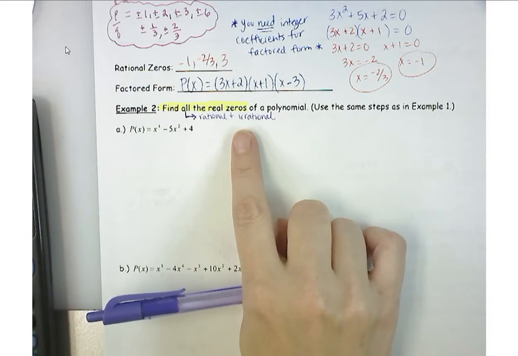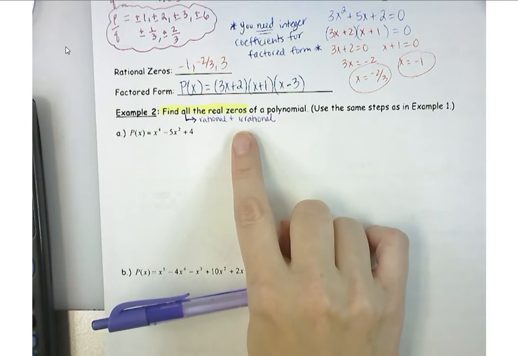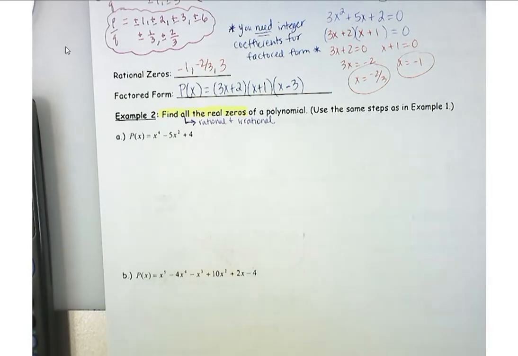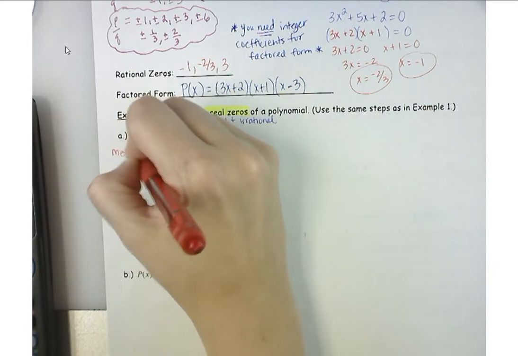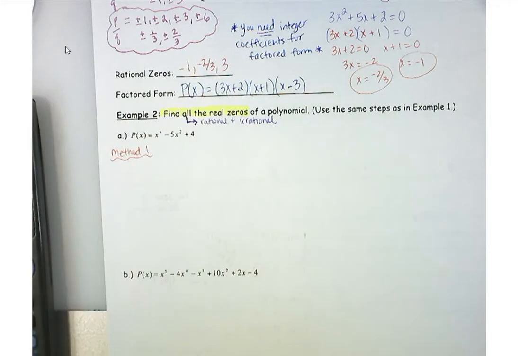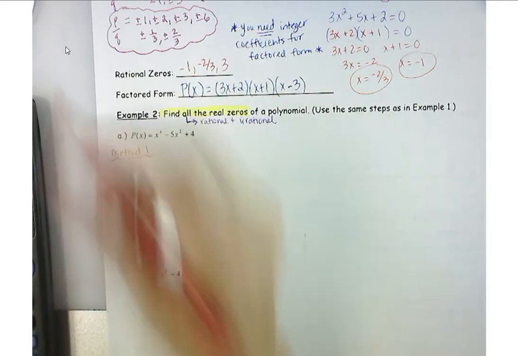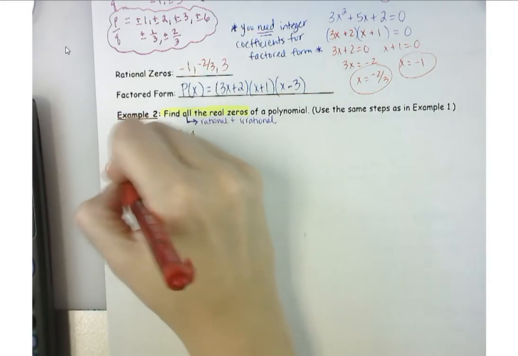Okay, so you're going to have to use your quadratic formula. All right, so the first way we're going to do this is just like we did in the first example. So this is going to be our first method. So method 1, we're going to do like we always do and do our P over Q.